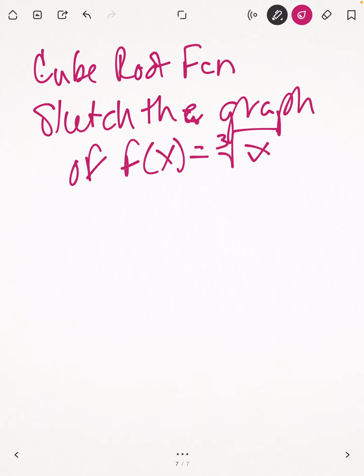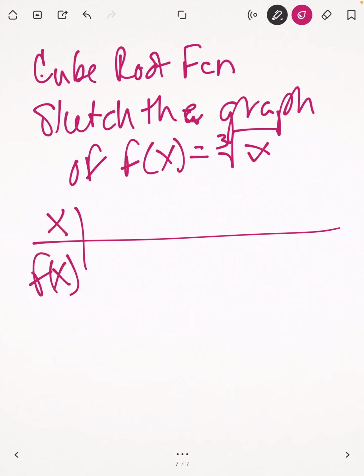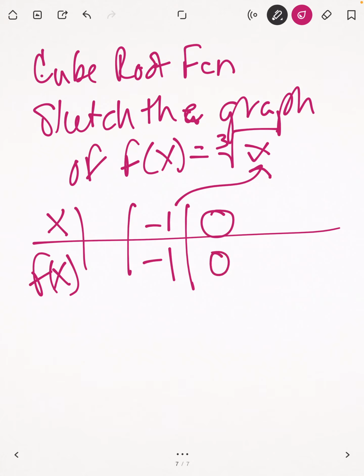So let me go ahead and convince you of that. So we have x and f of x. Suppose I take the point -1. -1 times itself 3 times is -1. And so that means if I put this -1 here, the cube root of -1 is -1. Now the cube root of 0, what times itself 3 times gives us 0? Well, that's 0.